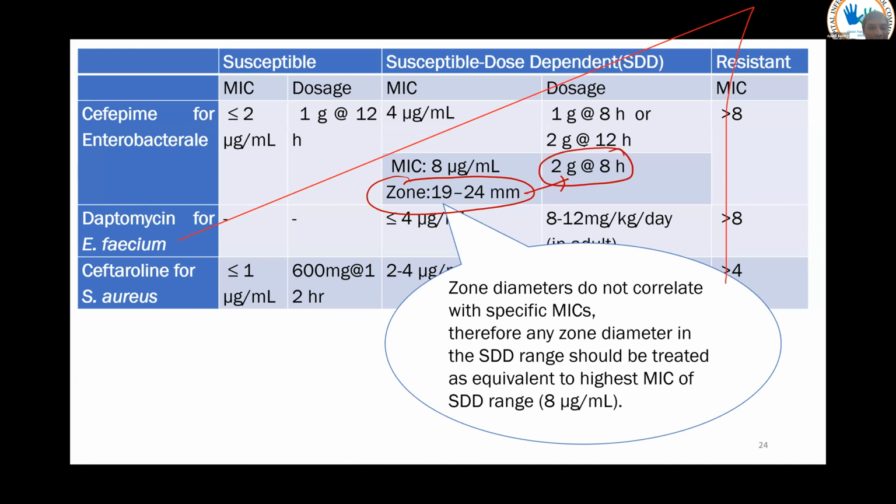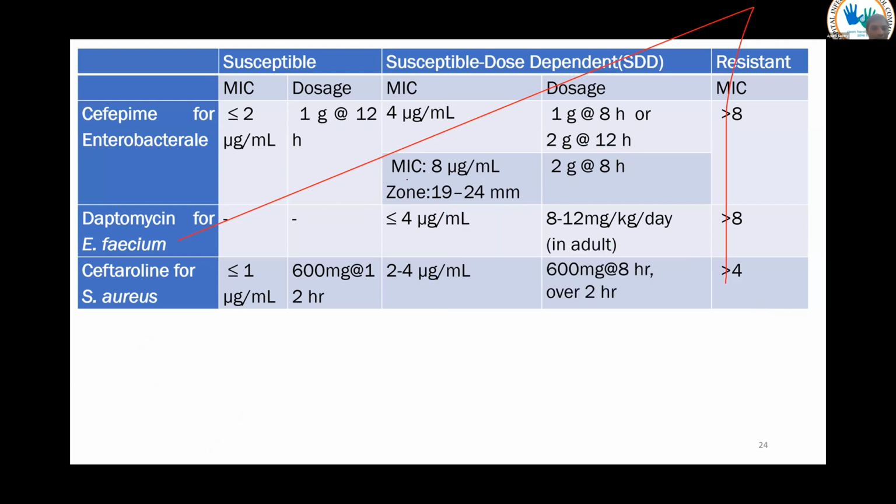For MICs you have separate doses for 4 and 8 MICs, but for zone diameters you do not have separate doses, because zone diameters usually do not correlate with specific MICs. So you give the highest SDD dose, 2 gram TDS, which can be given.